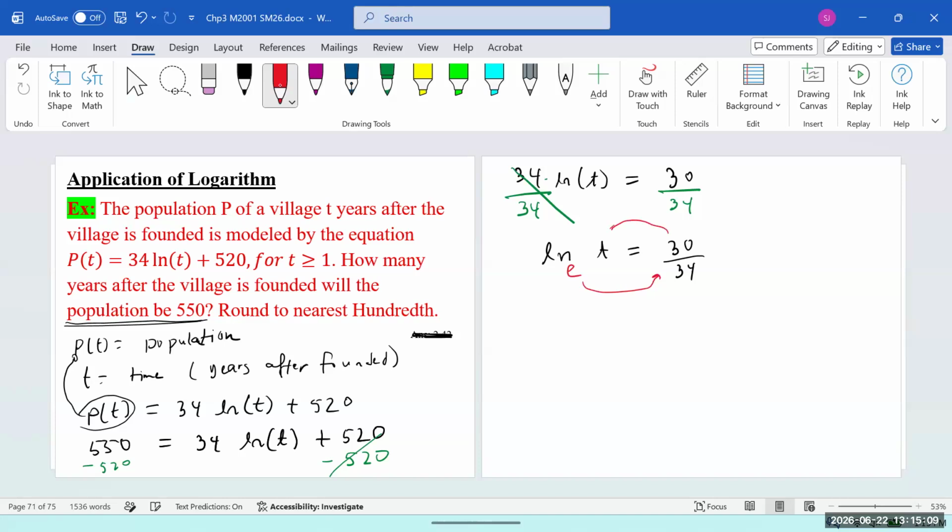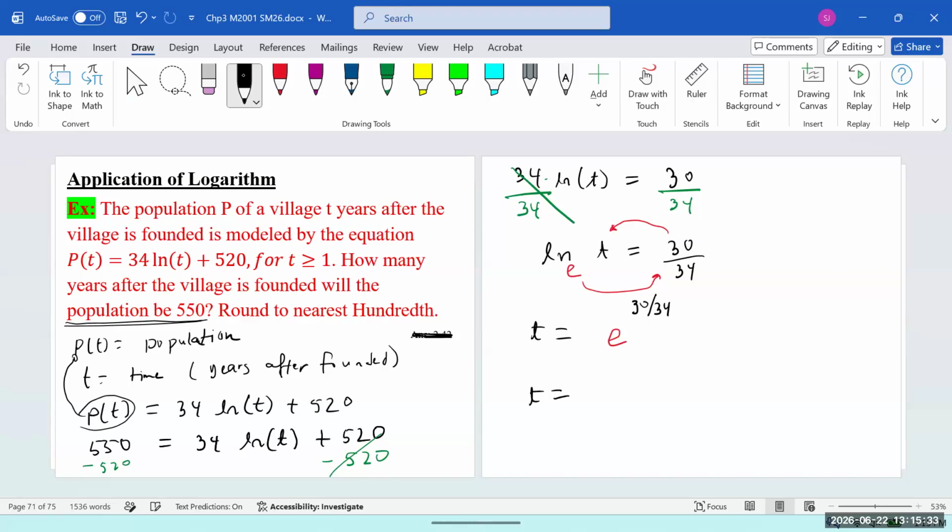So convert this into exponential. T equals what? E gets the power 30 over 34, and we set it equal to T.